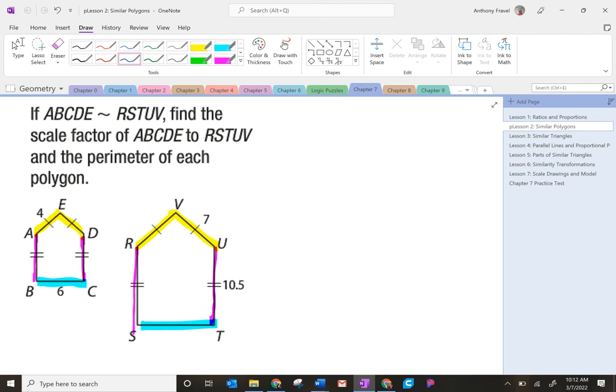The little house-looking thing or the big house-looking thing? The little one. It says A, B, C, D, E first, because that's the first one they say. That one needs to be my top one. This one was second, so this one needs to be my bottom one.